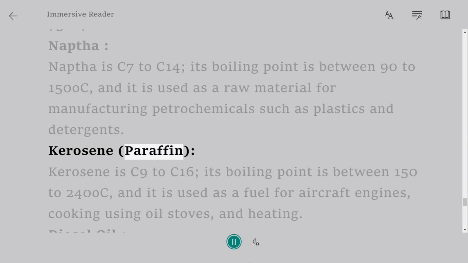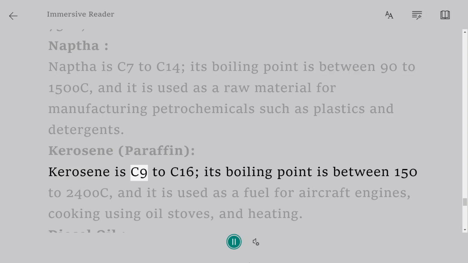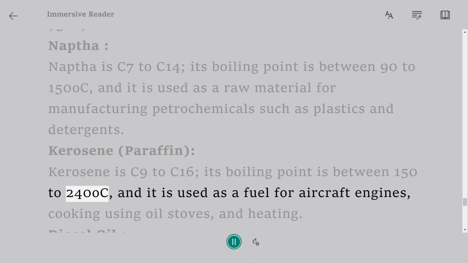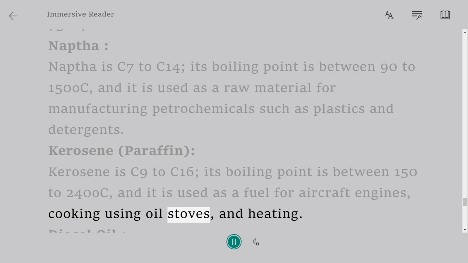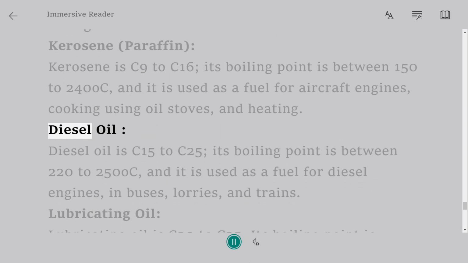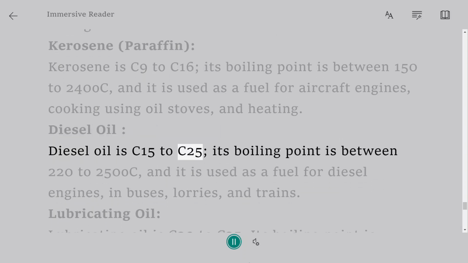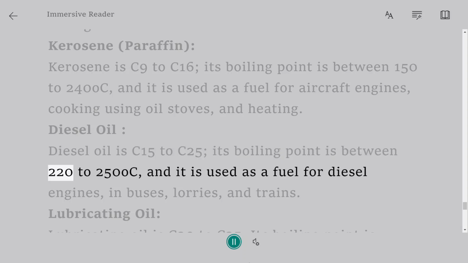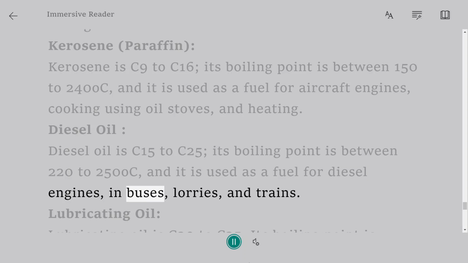Kerosene, paraffin. Kerosene is C9 to C16, its boiling point is between 150 and 240°C, and it is used as a fuel for aircraft engines, cooking using oil stoves, and heating. Diesel oil. Diesel oil is C15 to C25, its boiling point is between 220 and 250°C, and it is used as a fuel for diesel engines in buses, lorries, and trains.